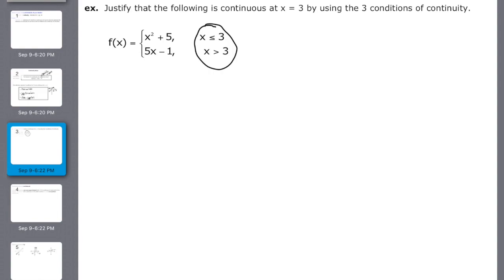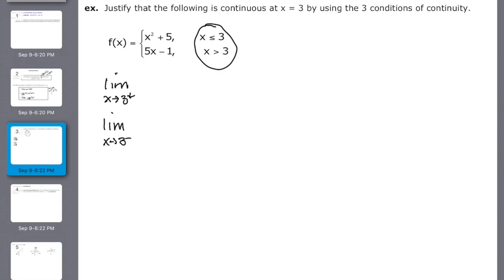Because this is a piecewise, I automatically know that I have to evaluate the limit as x approaches 3 from the positive side, and the limit as x approaches 3 from the negative side.